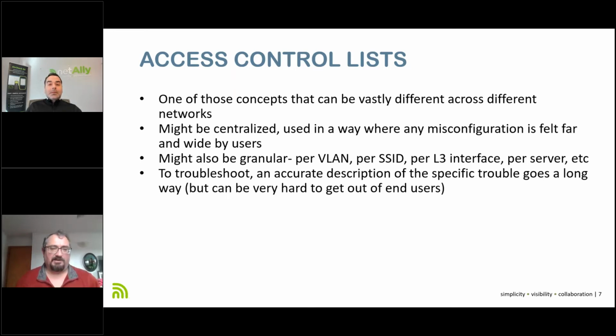We don't have edge firewalls, so we have edge ACLs that are going to impact everybody, and then we have little ACLs all over the place on different layer 3 interfaces. And depending on where you have your ACLs, when something goes wrong, it's going to be felt a different way. Like I mentioned there, the third bullet down, you can have them on a VLAN, on an SSID, and servers can have their own ACLs.